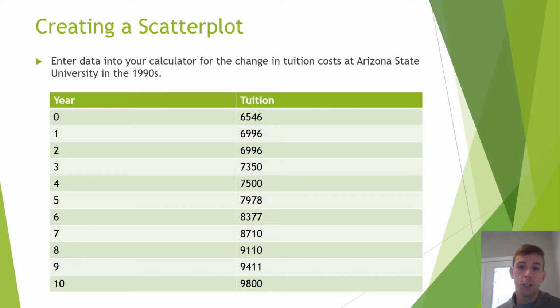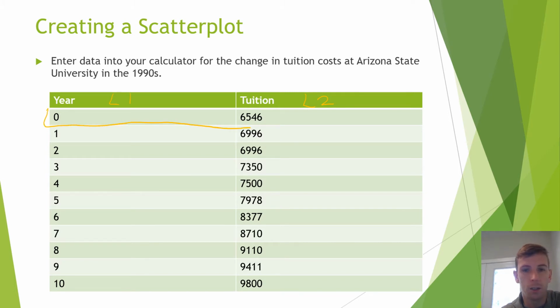All right, so to create a scatter plot on your calculator, it actually works quite easily. What you'll want to do is enter data into two lists. I would just use L1 and L2. Make sure that you enter it properly in order, because remember, each of this data comes in an ordered pair.